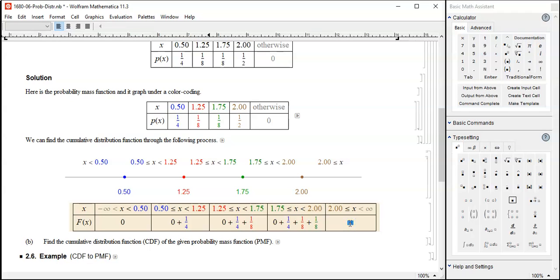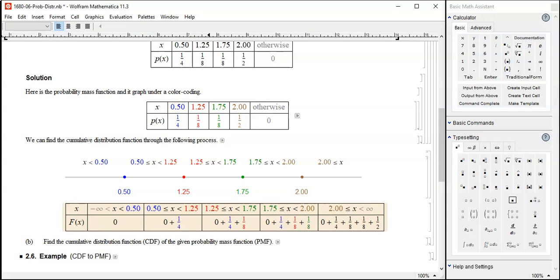Now finally over here, all four masses are here, so I have to add up all the probabilities. 0 plus 1/4 plus 1/8 plus another 1/8 plus 1/2. And if you calculate everything right, you're going to end up with 1.